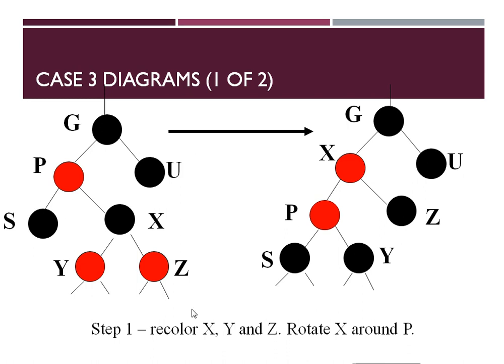Then you need to recolor X, Y and Z and then rotate around P, right? So after doing this we get this. Now again there is a red conflict here. So parent and child nodes cannot be of the same color. So here the property is getting violated.